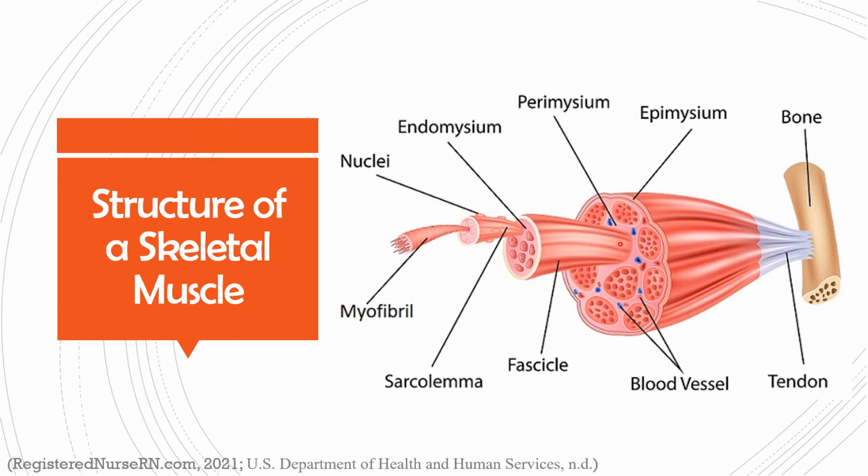Peri in Greek actually means around, and again, mys just means muscle. So the perimysium weaves around each of these fascicles. I also think of peri as in middle. So this is epi outside, peri middle. The perimysium is around the fascicles that bundle up these muscle fibers.